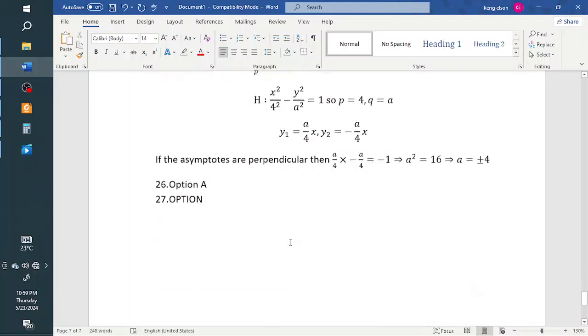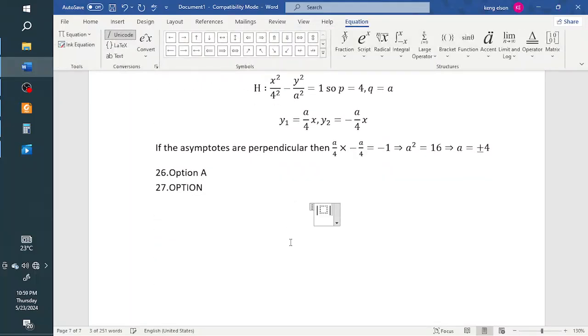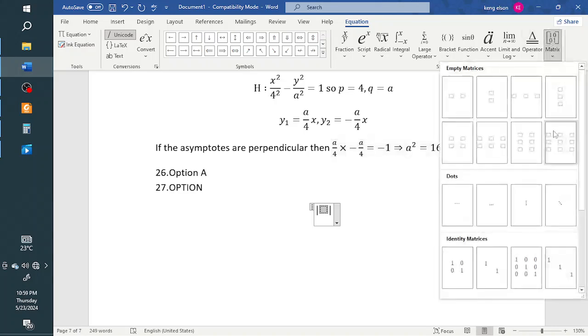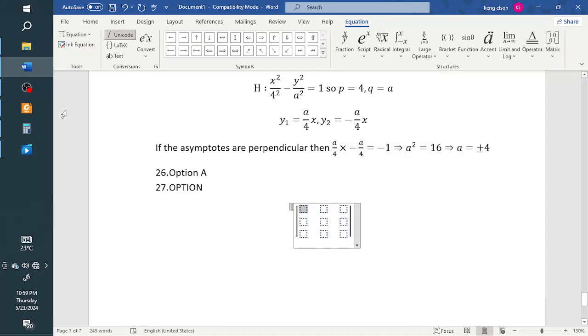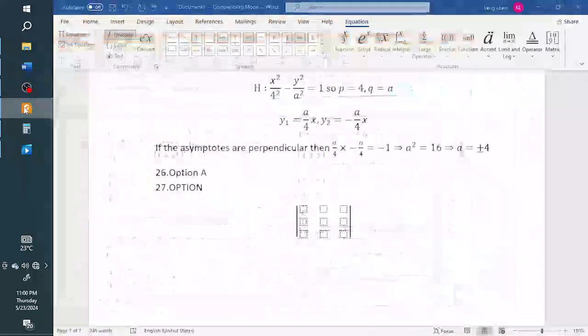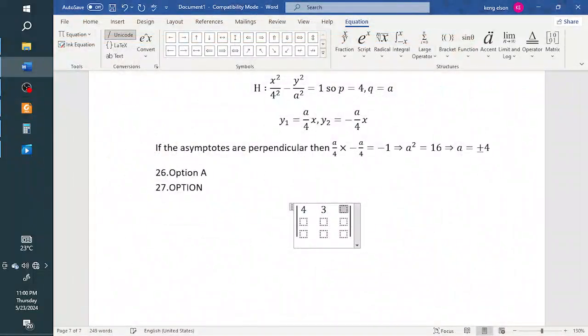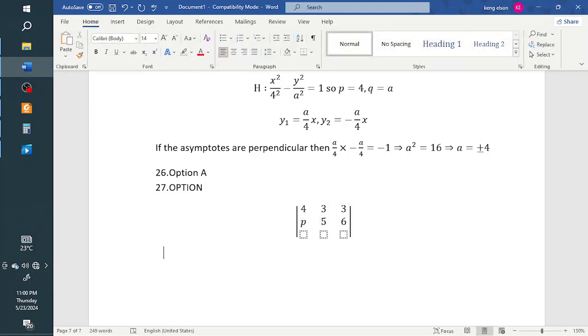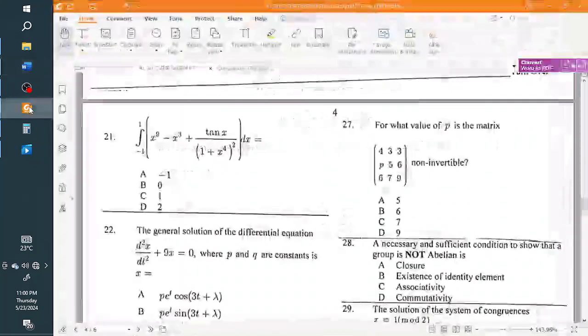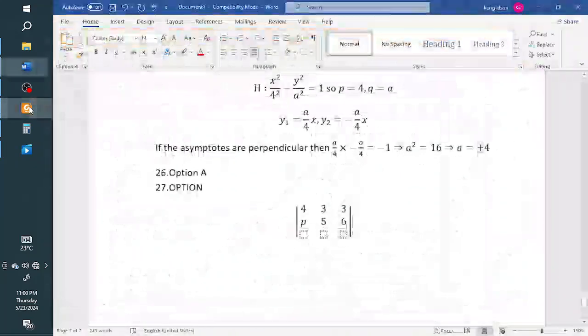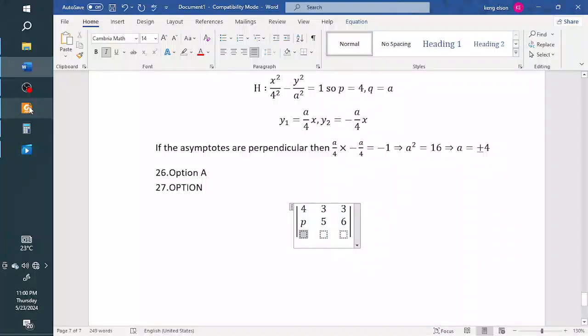Okay, so the determinant of the matrix. We have 4 3 3, here we have p 5 6, that's provided I saw well, and then 6 7 9, equal to 0.